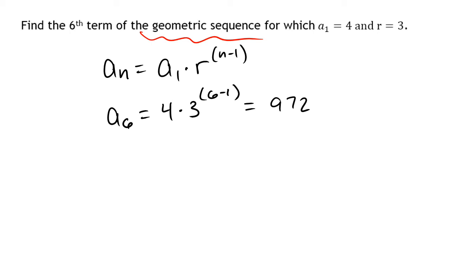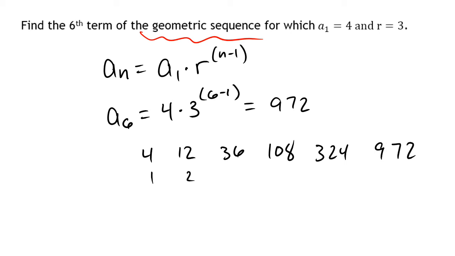If I take the number 4 as my first value, and then I multiply that by 3, I get the number 12, and then multiply the 12 times the 3, and I get 36, and then I take the 36, and I multiply that by 3, and I get 108, and I multiply that by 3, and I have 324, and if I multiply that times 3, I get 972. So you can see the first, second, third, fourth, fifth, and here's the sixth term. So the answer is 972.